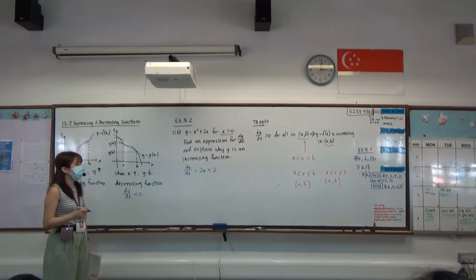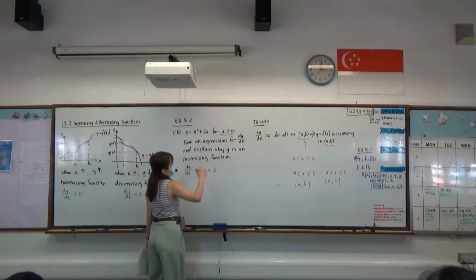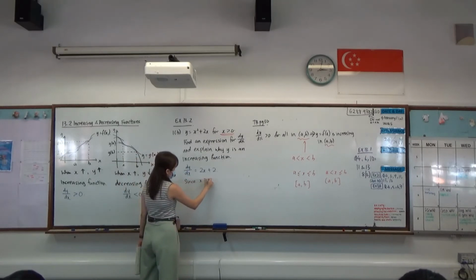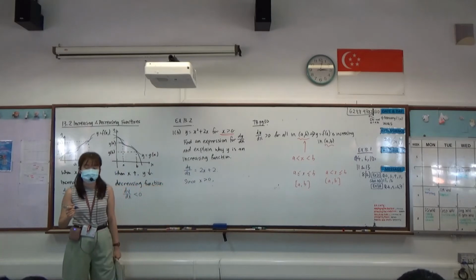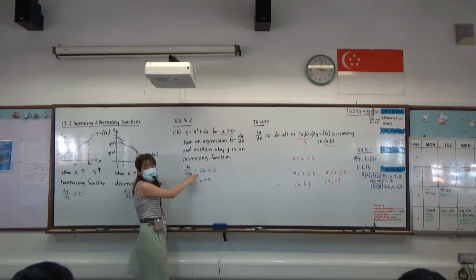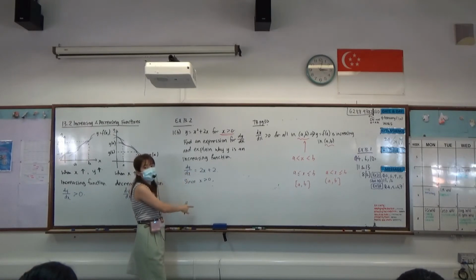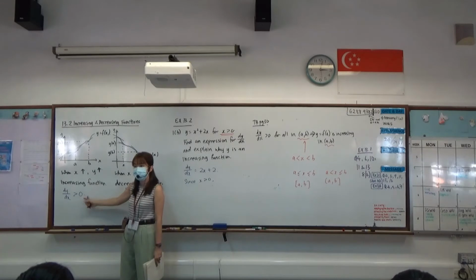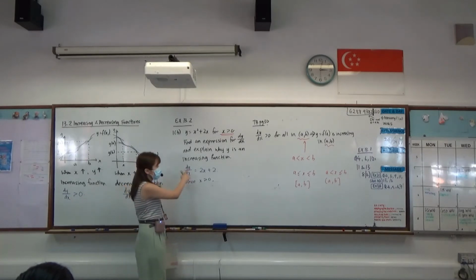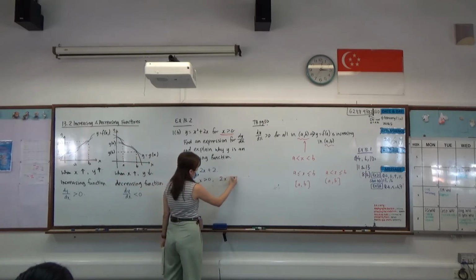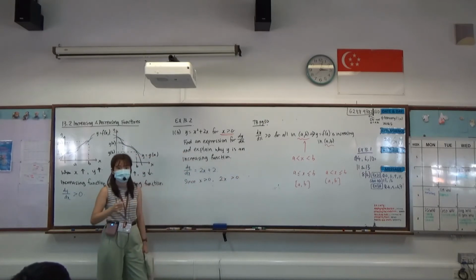Since the question specified that we're looking at x more than 0, then we manipulate the inequality. How do we go about manipulating the inequality? We want to prove that dy over dx is going to be more than 0, so that we can justify that it is an increasing function, because that was what we agreed upon: increasing function, dy over dx more than 0. So we want to show that 2x plus 2 is more than 0. We notice that 2x will have to be more than 0, since x is more than 0.